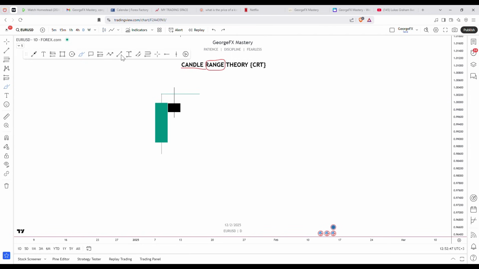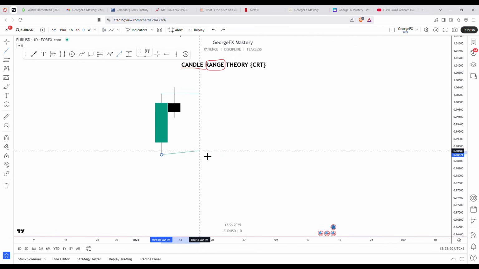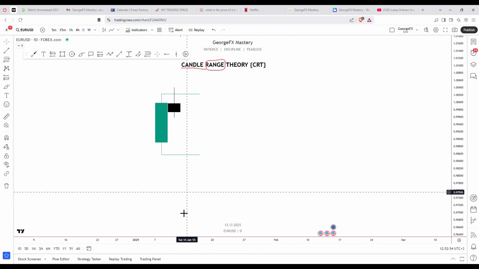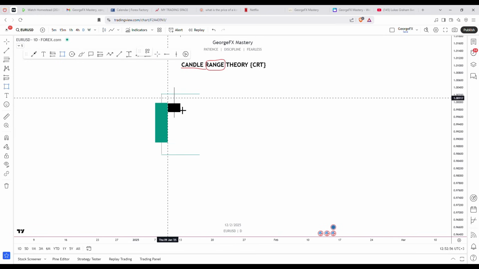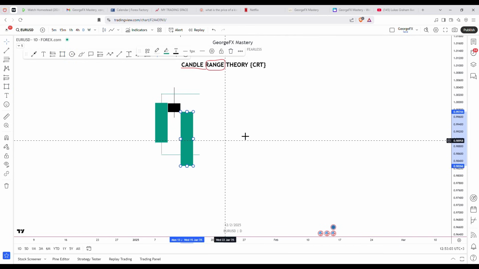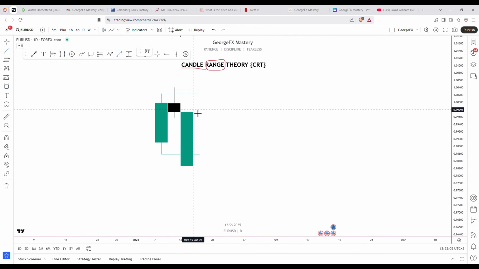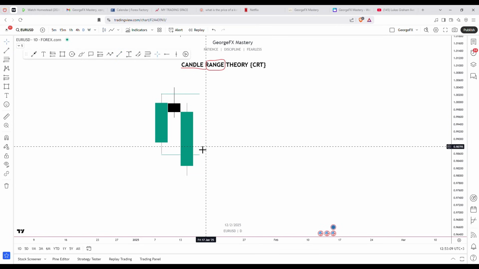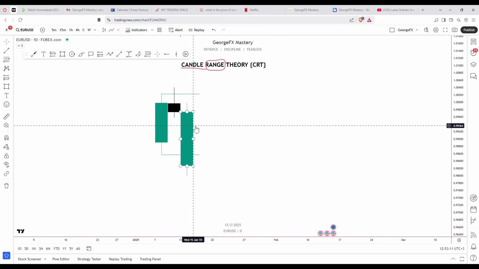So that would mean that the next target you can have, if the bears are now starting to gain control, is this particular low, which is now going to be your sell side liquidity. So you would be expecting the next candle to be a bearish candle as well. However this candle closes, that's not your business.